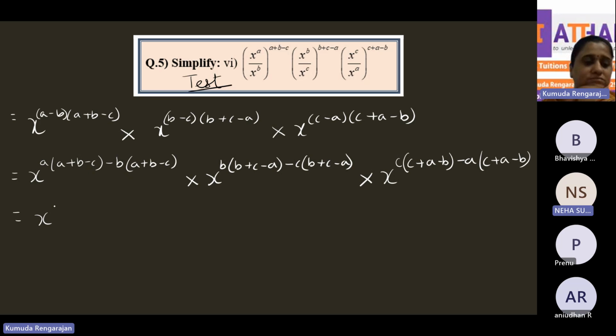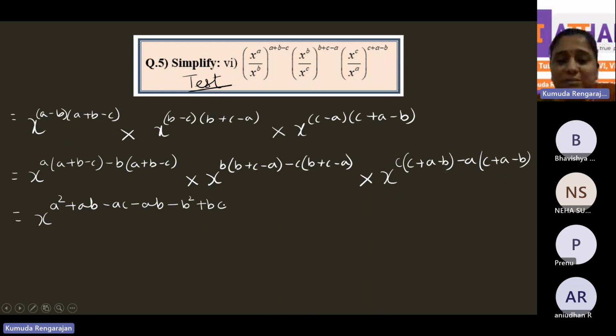X power A square plus AB minus AC minus AB plus B square. Minus B squared. Oh, okay. Sorry, ma'am. Okay. Plus BC. So Neha, you have not multiplied it like this, right?